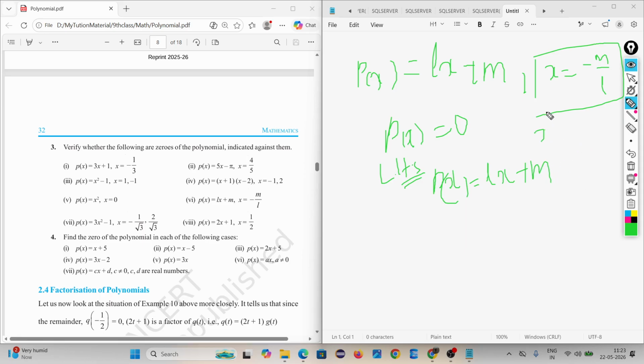Put x equal to minus m by L. L into minus m divided by L plus m: L cancels, minus m plus m cancels, it will be 0. That means it is a zero of the polynomial.